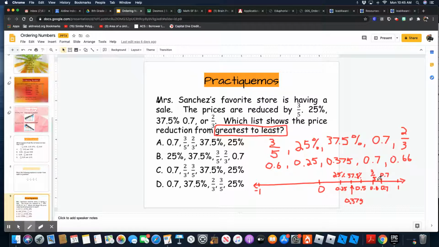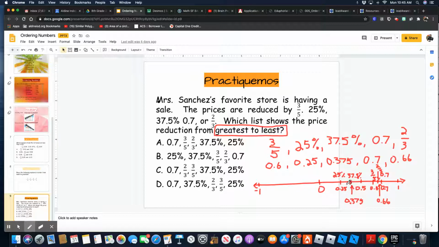It's almost exactly halfway. It's a little closer to 0.7, but just barely. Okay. And I'm going to draw a little arrow here because I am way out of space. That was originally 2/3, which as a decimal was 0.66.